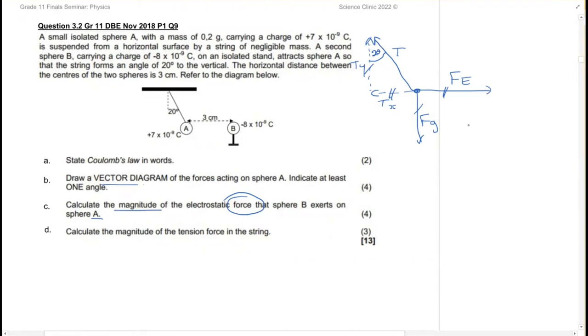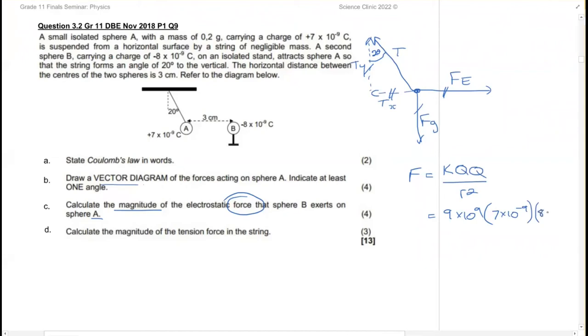Okay, so the force. Force is F, so we've got F is equal to kQQ over r squared. And k is 9 times 10 to the 9. Our sphere A is 7 times 10 to the minus 9, and B is minus 8 times 10 to the minus 9.